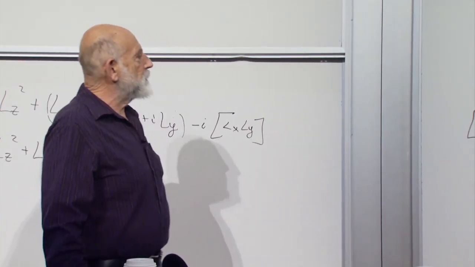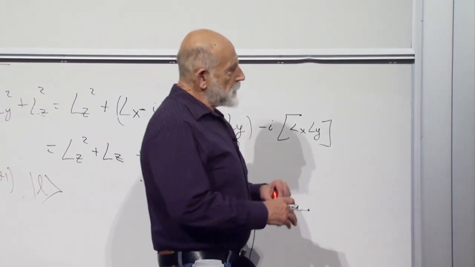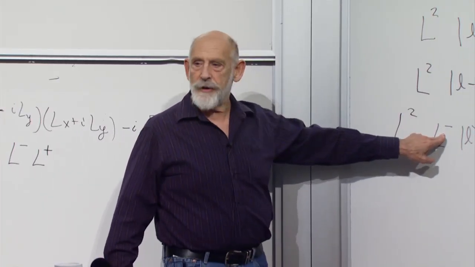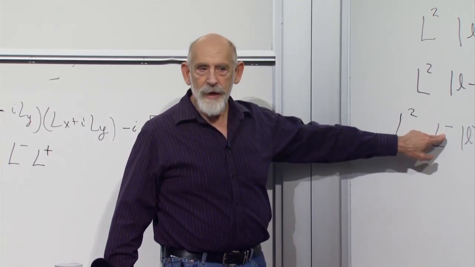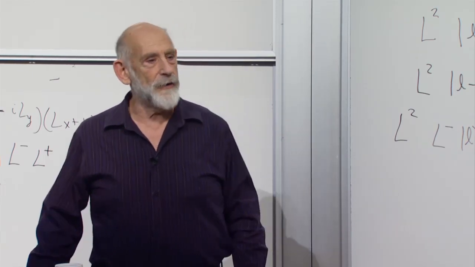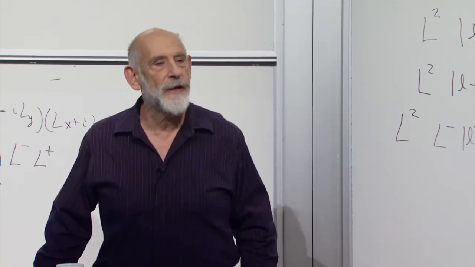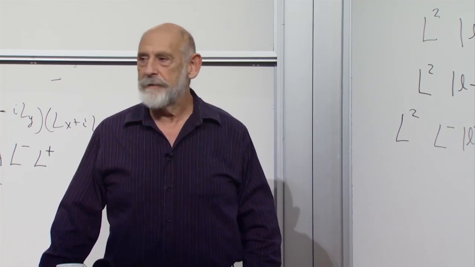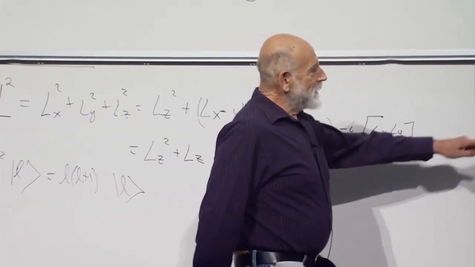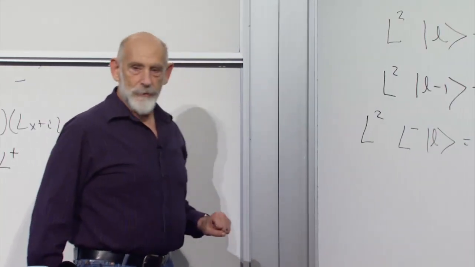I'll tell you what it suggests to me. It suggests to me that we figure out what the commutator of L squared with L minus is. Imagine we discovered a marvelous fact, which I'm not telling you is true. It's true, though. That L squared and L minus commute.